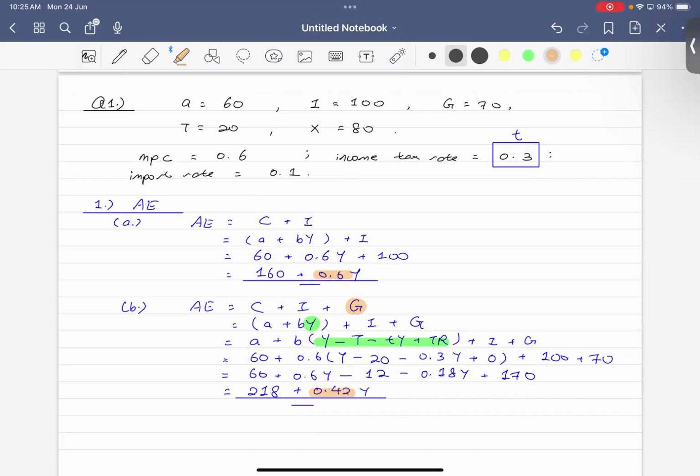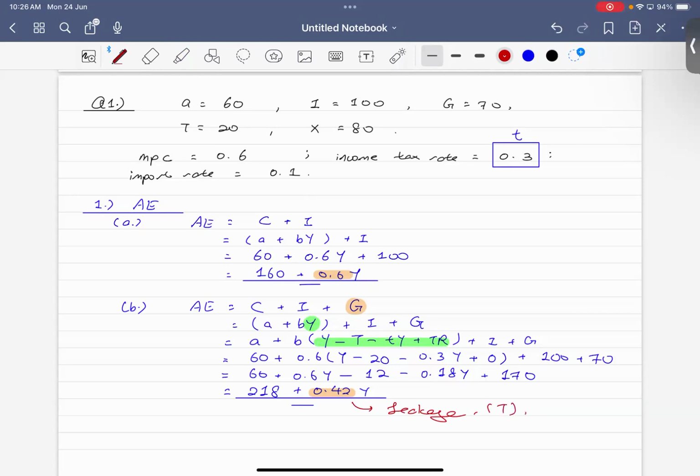Every $1,000 that's earned as part of the income, only 42% is being spent. Why? Because there is leakage. So therefore the value becomes smaller. This is the money that is not being injected back into the economy, because it is used to pay taxes to the government.